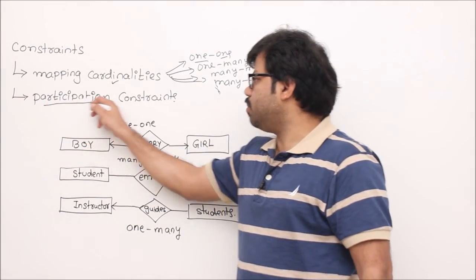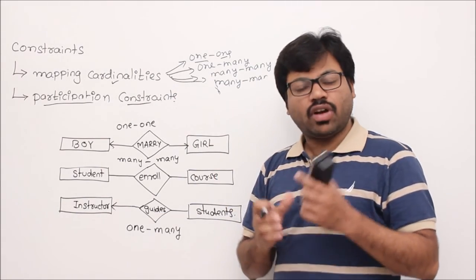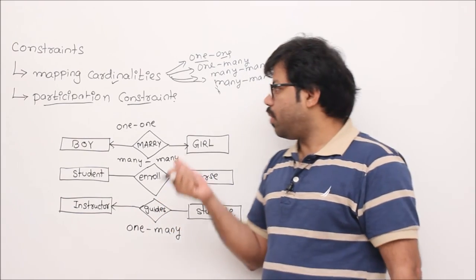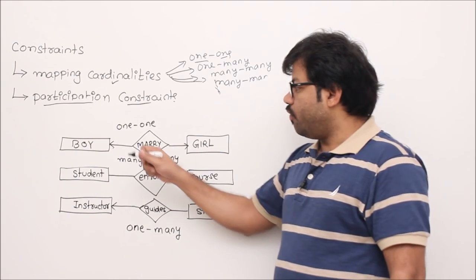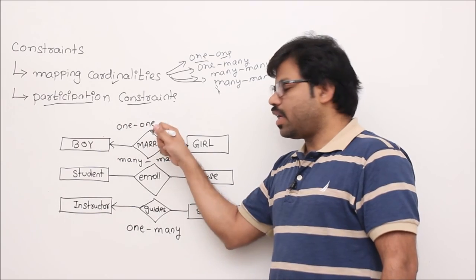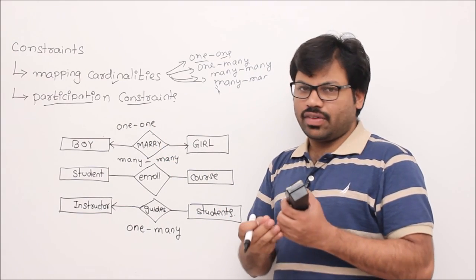Now we will see participation constraints. So how to record participation constraints and what is actually a participation constraint? In a relationship, generally participation constraint is nothing but whether all the, for example take this one, whether all the boys are going to participate in the relation is the question. For that there will be two answers, no, otherwise yes.